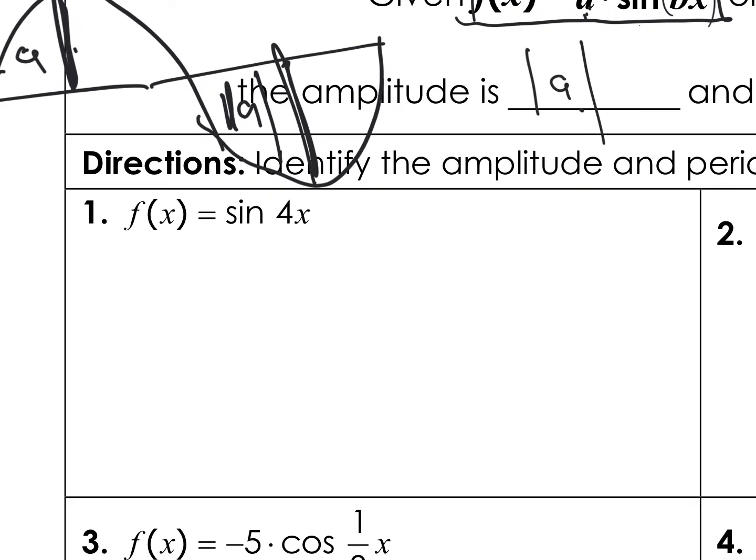All right. Here's a basic graph. Help yourself out. What does the A number look like? The A number? Yeah, the A number. 1. It's right there. It's invisible. Nice. What does the B number look like? 4. Yes, the coefficient of x. That's right, the coefficient inside there. So when I ask you for the amplitude, it's 1.